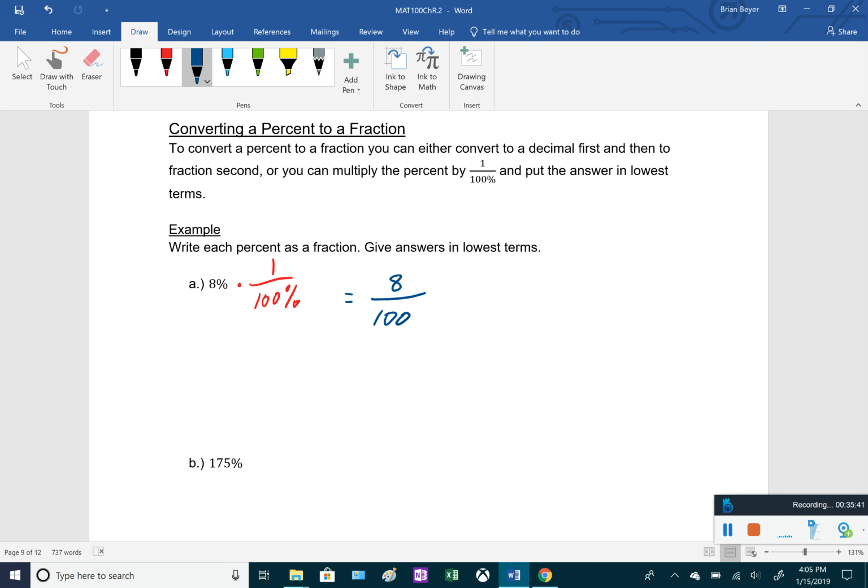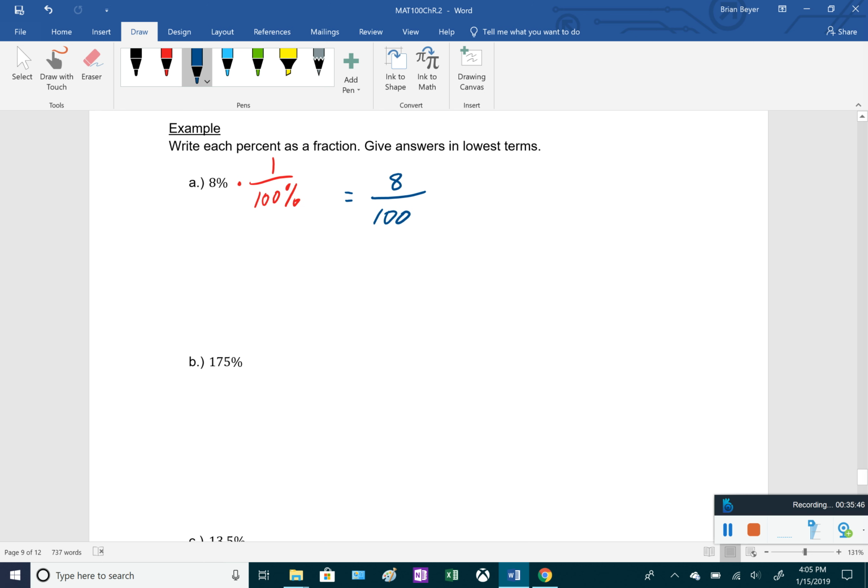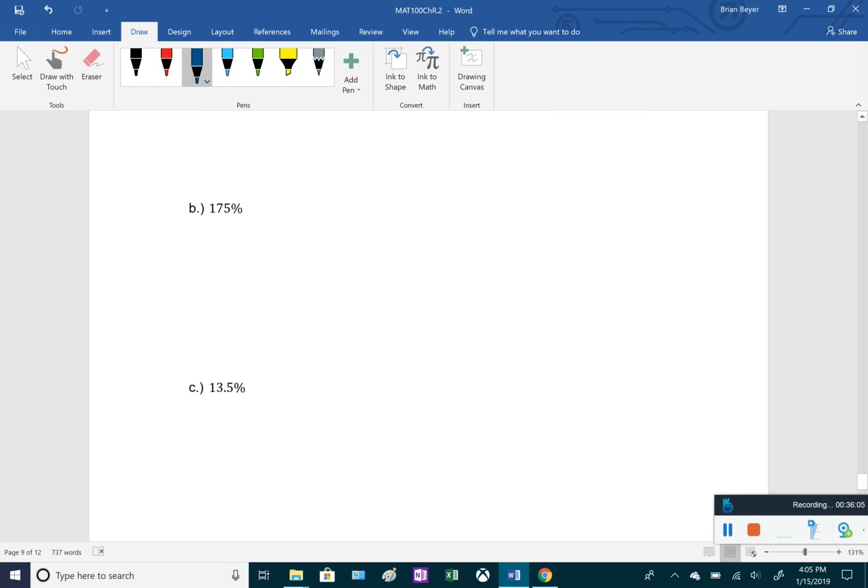So it's 8 over 100. And now we want this in lowest terms. It looks like they're going to have a common factor of 4 that cancels. So if we divide numerator and denominator by 4, we get 2 over 25. So pretty simple.